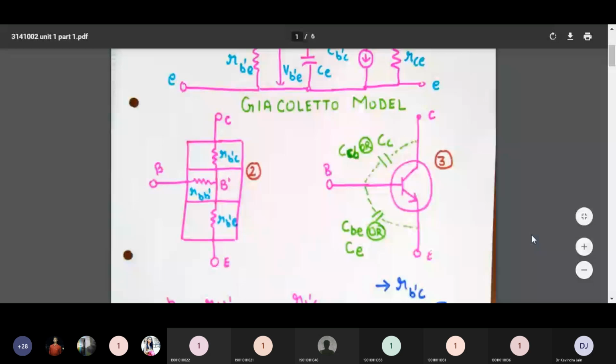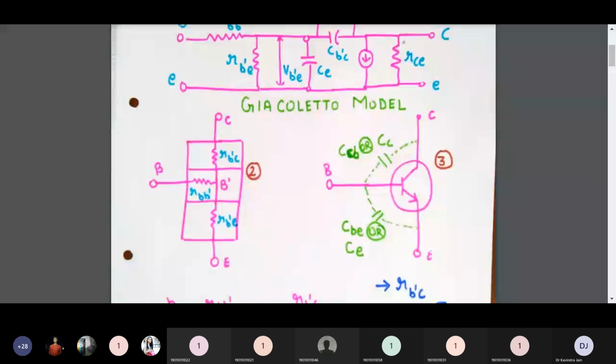The second point that you have noted is for the second diagram, which is written as numeric 2. I hope numeric 2 figure is clearly seen to all of you. Let me know in case the figure is not visible.